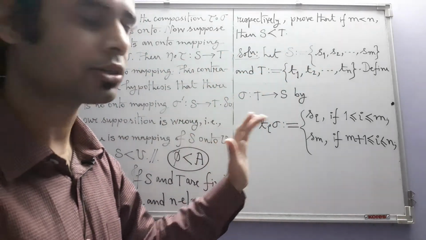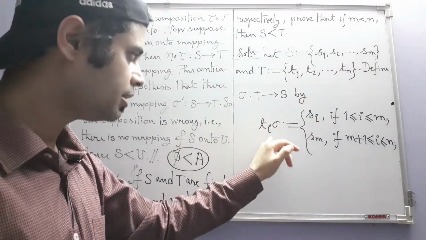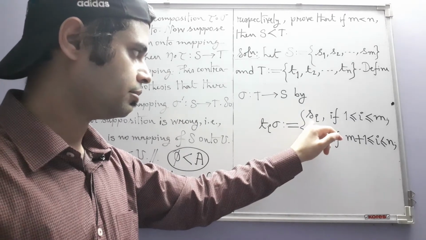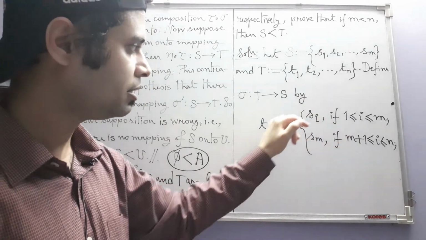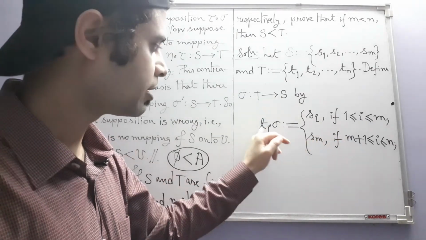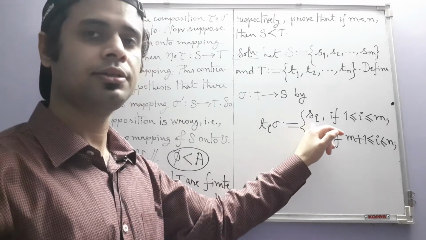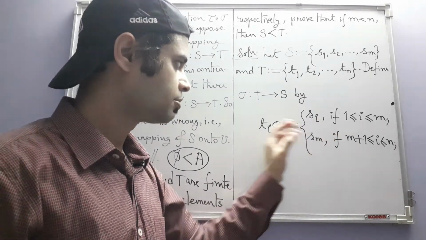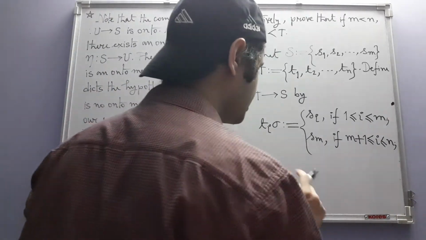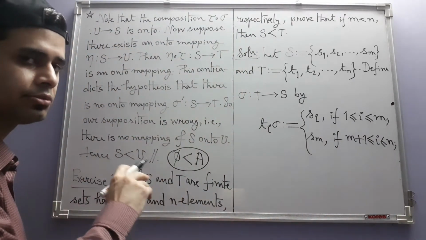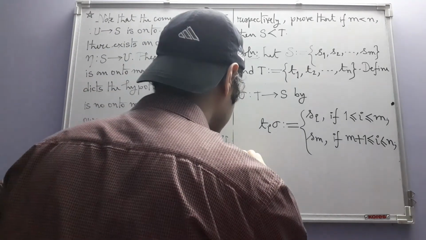It cannot be 2 or 3, then we will get different elements. So because of this uniqueness, the definition of this mapping, which involves i, actually gives me a unique Si. For a given Ti, i is unique, and that's why Si is unique. Okay, so the mapping is well defined. So instead of writing these things, we just simply directly write that the mapping is well defined.